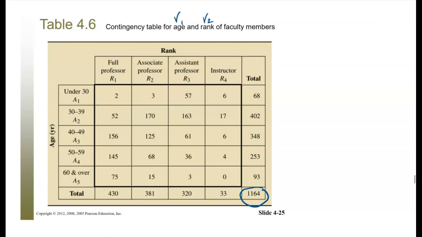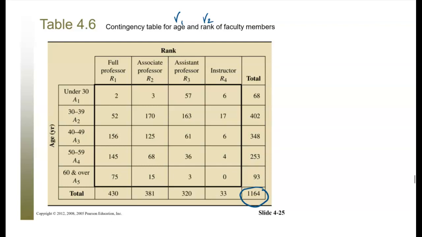Let's look at rank first. There are 4 different ranks, noted by R1, full professor, R2, associate, R3, assistant, and R4, instructor. So of that 1,164 faculty members, 430 are full professor, 381 are associate, 320 assistant, and 33 are instructor.